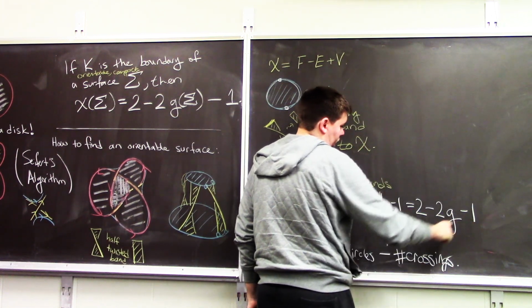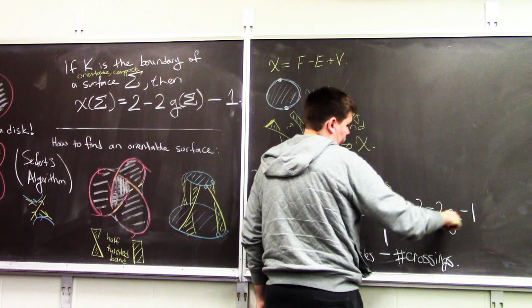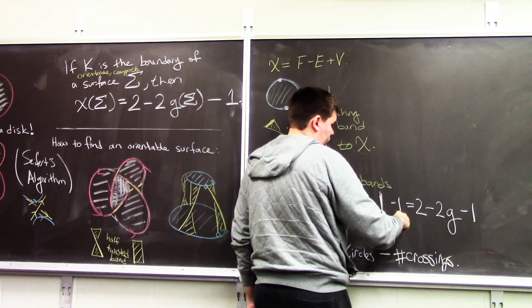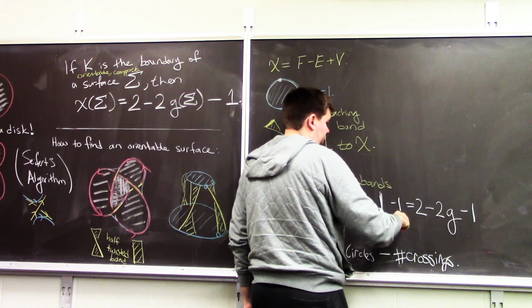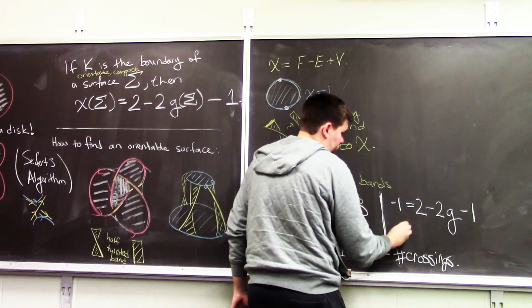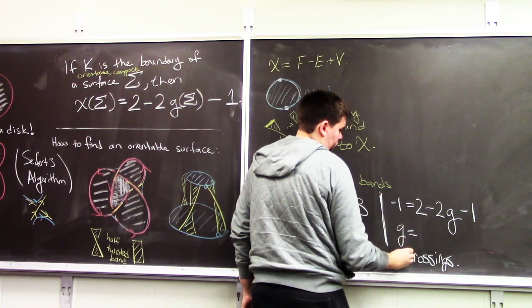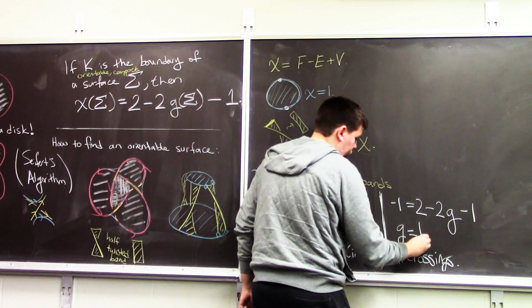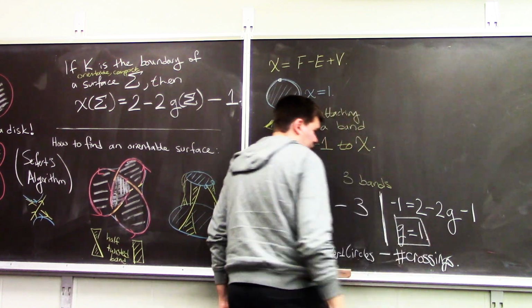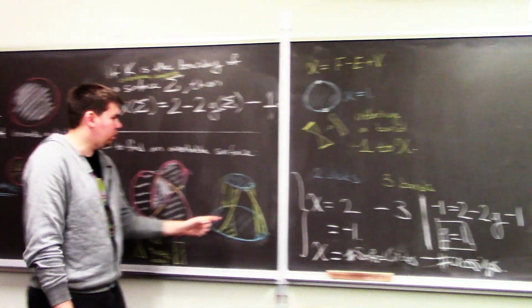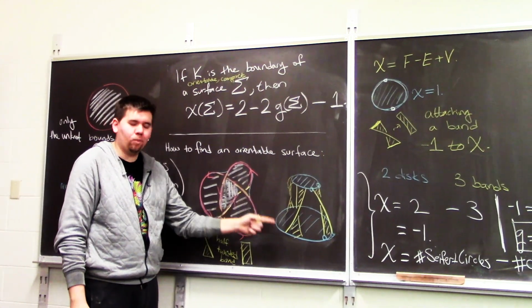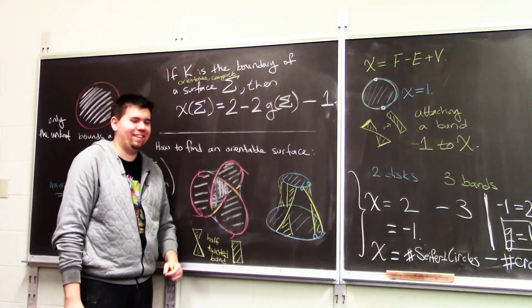Okay, let's try and do some math. 2 minus 1 is 1, minus 2 is negative 2, divide by negative 2 is 1, so your genus, that's not right. Yeah, your genus is 1. And so we know that this surface right here is a genus 1 surface.